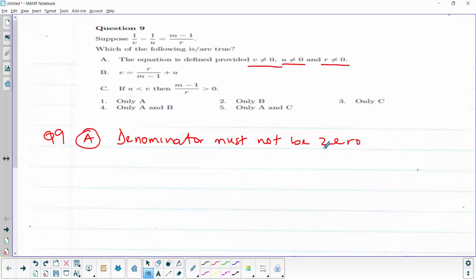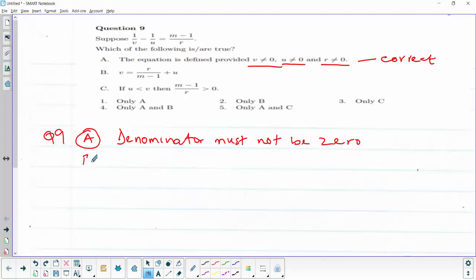That is where we can make our equation defined. To make our equation defined, the denominator must not be 0. So we can conclude that this one is a correct statement.